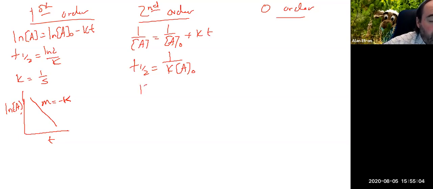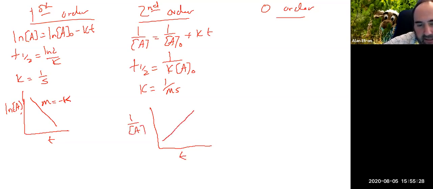Also, the way we could recognize that the reaction is second order is the units, 1 over molar seconds. Again, it doesn't necessarily have to be seconds; it can be some other unit of time. And if we rearrange that equation and take 1 over A versus time, it should yield a straight line where the slope will equal K in this particular case.